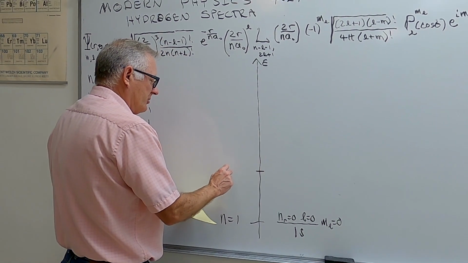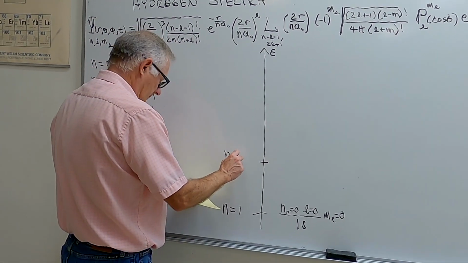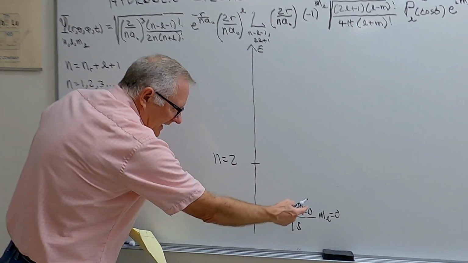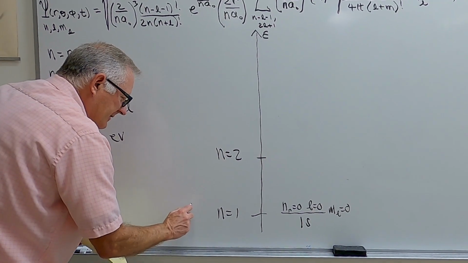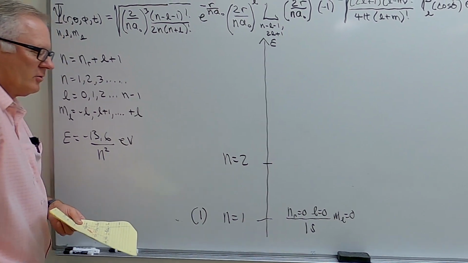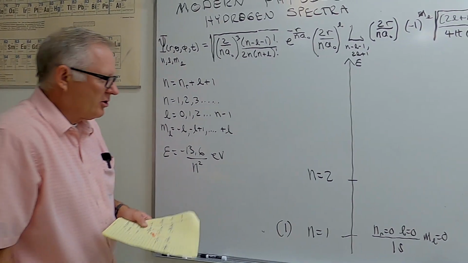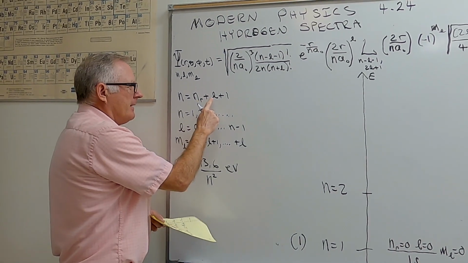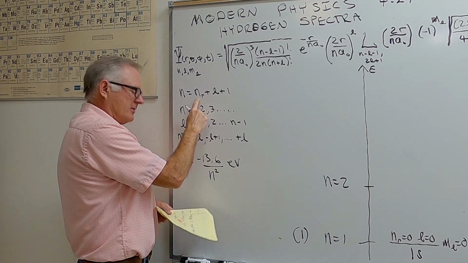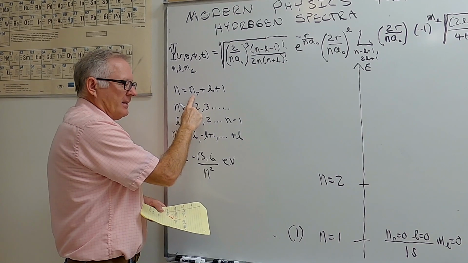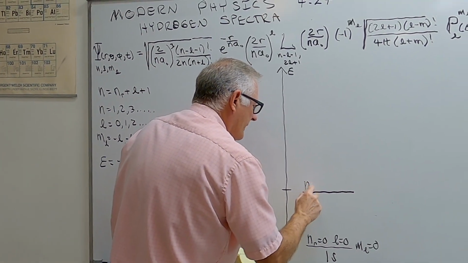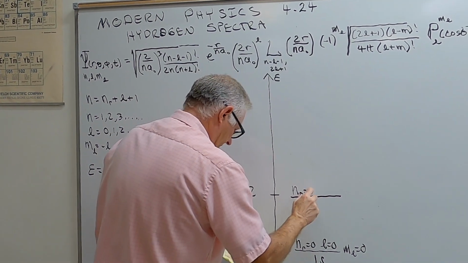This is n equals 2. Now I should say there was only one state here, so let me put that in parentheses. There's only one state. For n equal 2, for this to equal 2, n sub r could be 0 right here. So one case is n sub r equals 0.